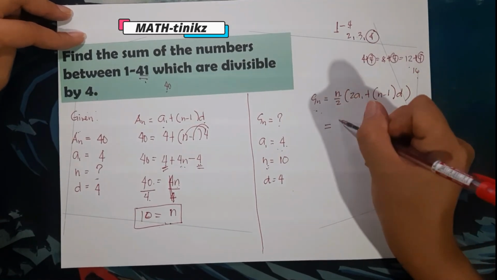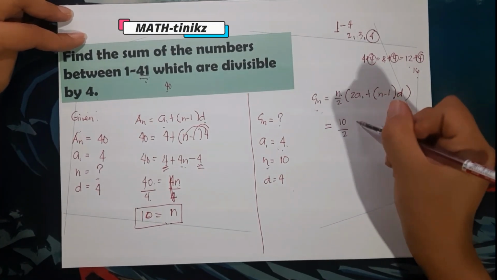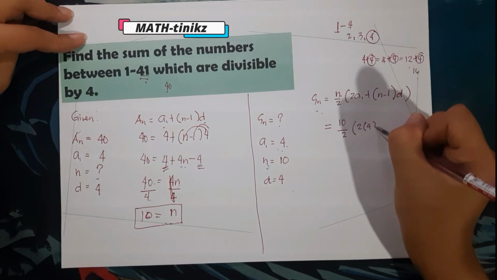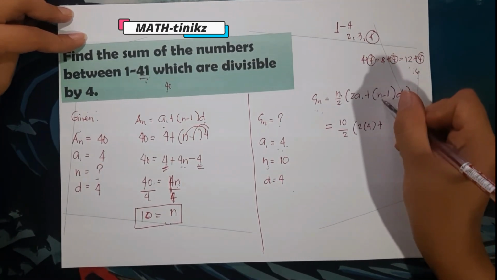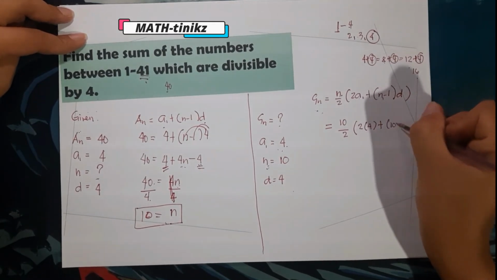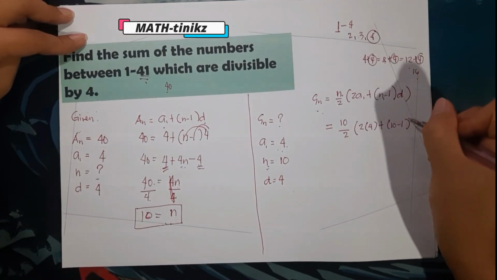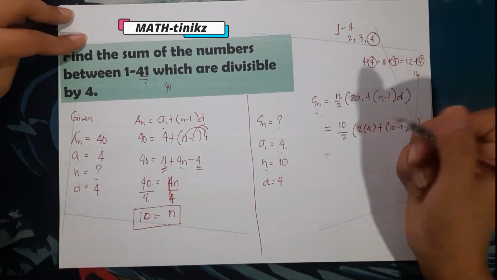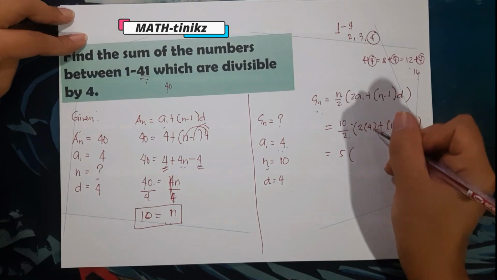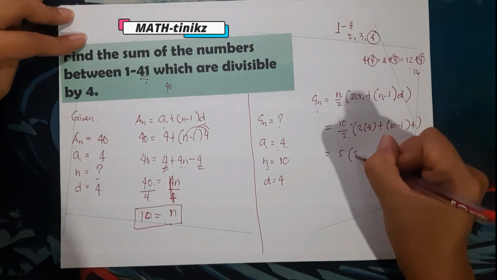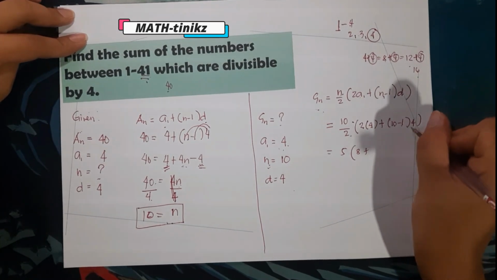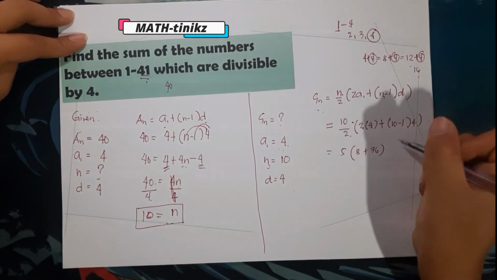The number n is 10 over 2 times the first term, which is 4, plus n, which is 10, minus 1 times the common difference 4, and simplify. 10 divided by 2 is equal to 5, and 2 times 4 equals 8, plus 10 minus 1 is equal to 9, times 4, that is equal to 36.